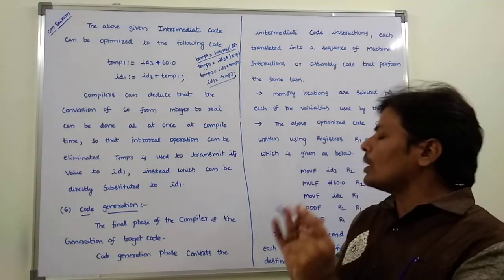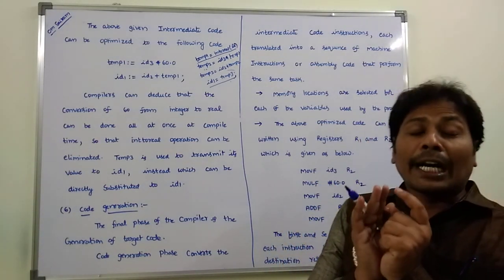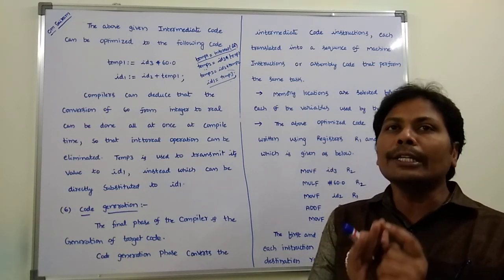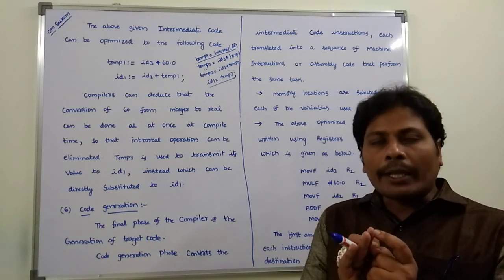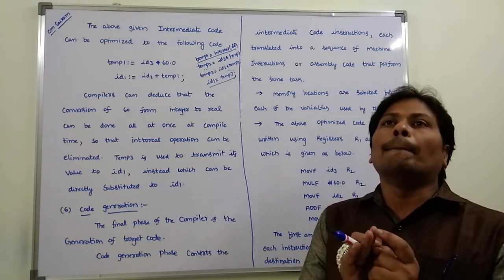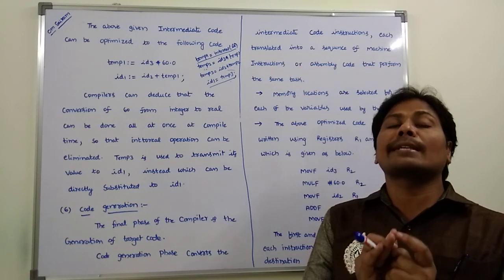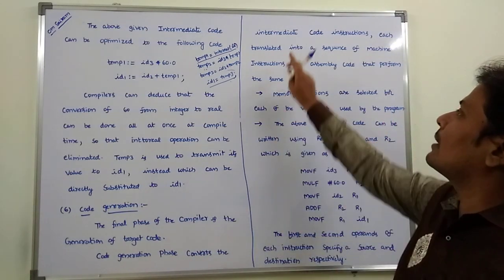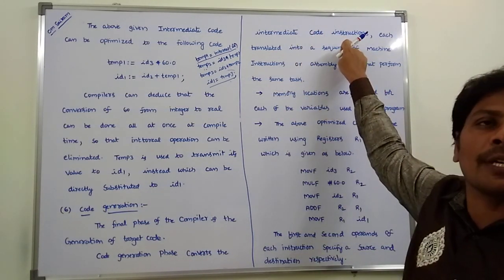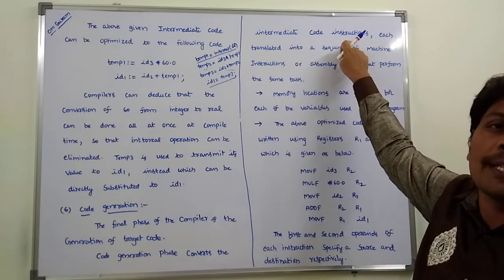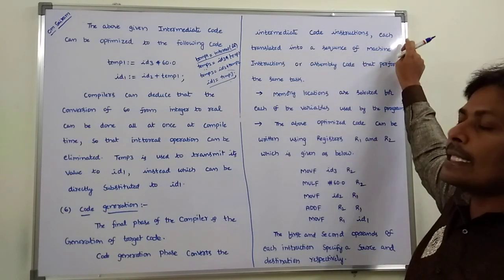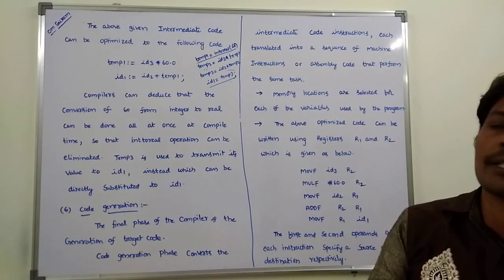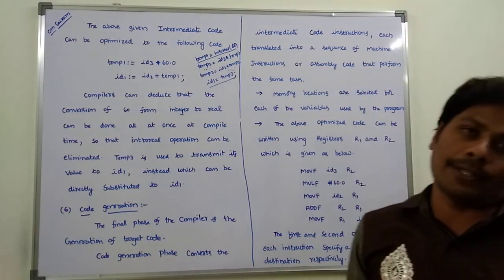So here the code generation phase converts the given intermediate optimized code into the target code or machine instructions or assembly code instructions. The code generation phase converts the intermediate code instructions or optimized code instructions, each instruction translated into a sequence of machine instructions or assembly code instructions.